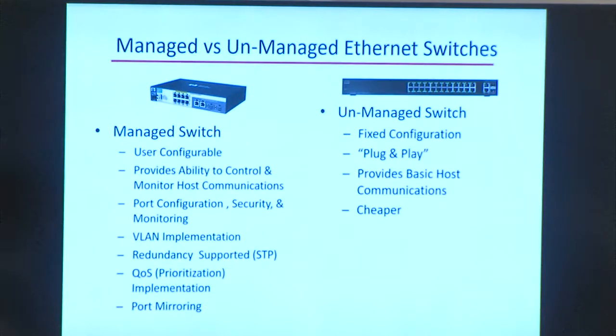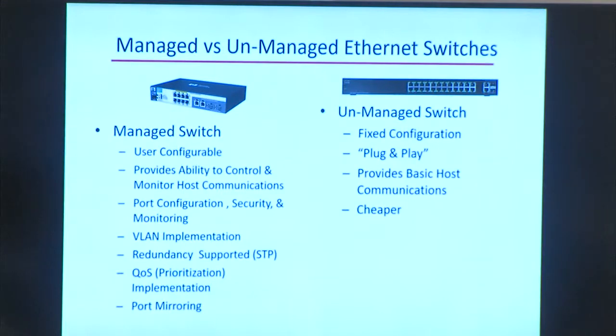So let's talk about switches. When we talk about switches, there's really two pretty distinct categories we want to put those in: managed switches and unmanaged switches. The unmanaged ones are what I'm going to call the consumer-oriented switches, generally categorized as being lower cost, plug and play, which says they also have a fixed configuration. They do the basic functions of an Ethernet switch, which we'll talk about in a minute.